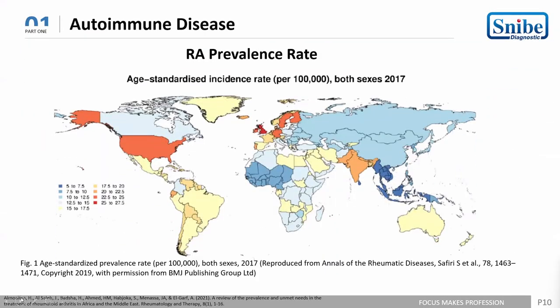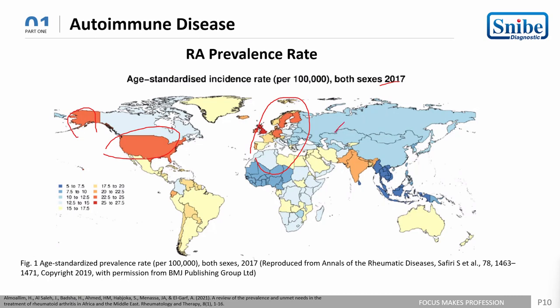So let's talk more about the prevalence of this disease. According to the 2017 data for both sexes, age-standardized incidence rate per 100,000 population, you can see that the prevalence is higher in the countries shown in red and orange colors, close to the European countries and then North America, and these regions have a higher prevalence compared to the others.